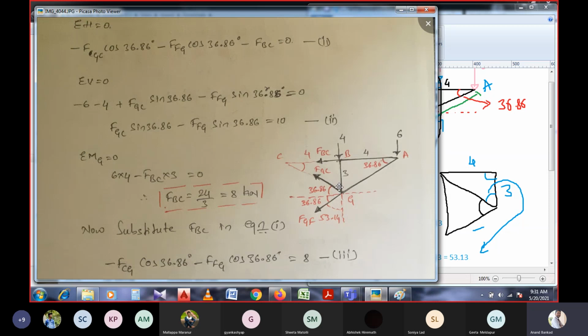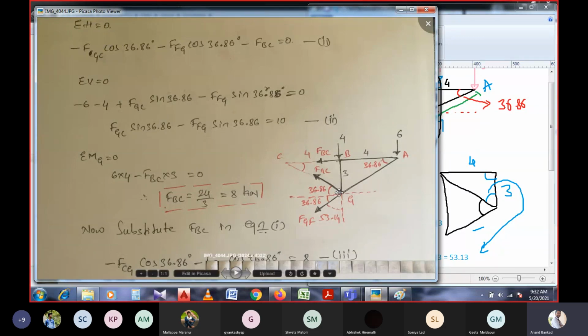With the horizontal axis, the remaining angle will be 90 minus theta. The theta we have obtained is 53.13, and then the remaining is 90 minus that theta. The remaining angle is 36.86.